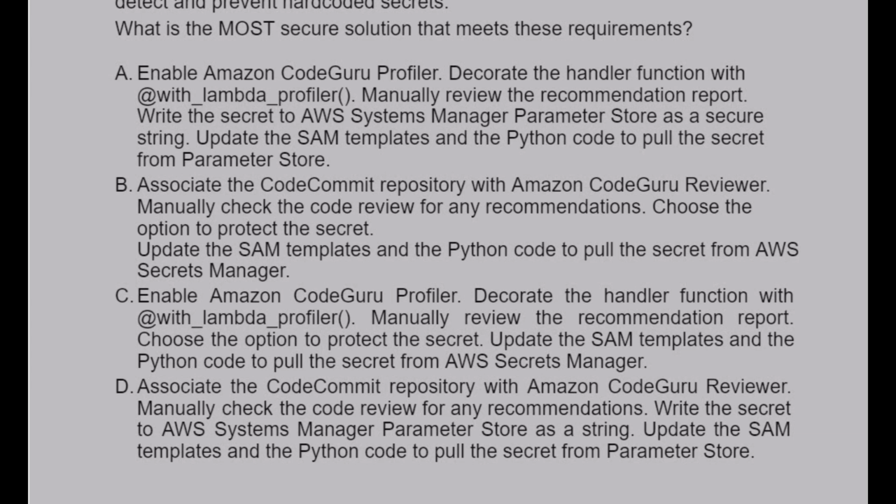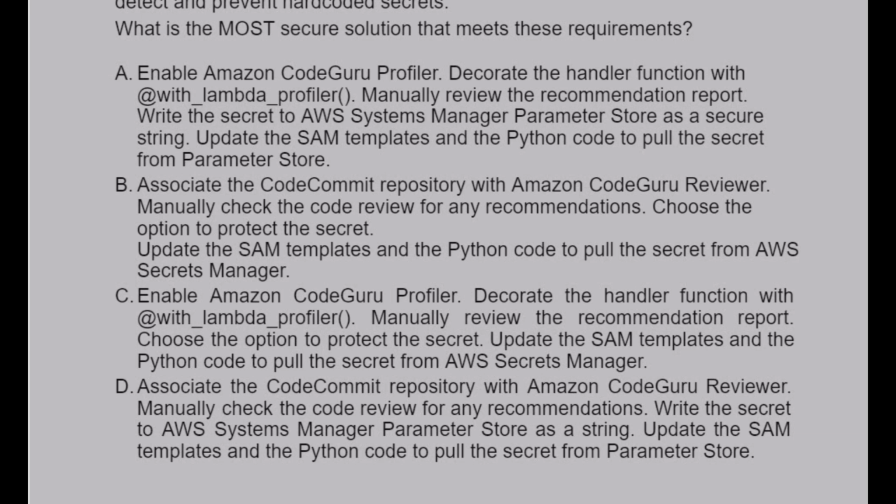Option B. Associate the CodeCommit repository with Amazon CodeGuru Reviewer. Manually check the code review for any recommendations. Choose the option to protect the secret. Update the SAM templates and the Python code to pull the secret from AWS Secrets Manager.